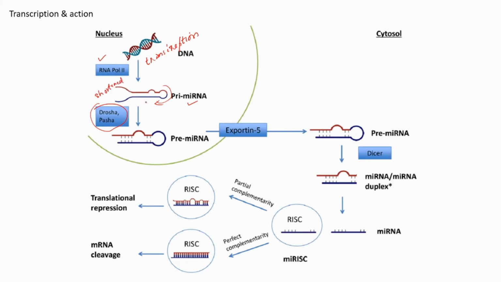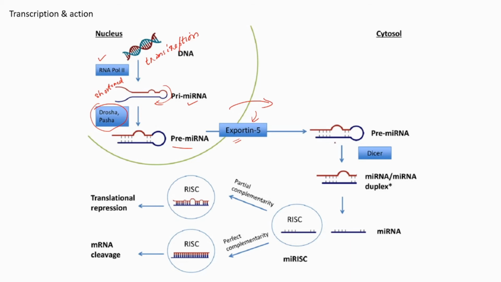It is cleaved and becomes a precursor miRNA. In this condition, this miRNA is transported from the nucleus to the cytoplasm with the help of another protein called exportin 5.